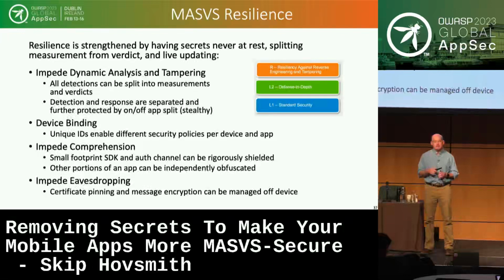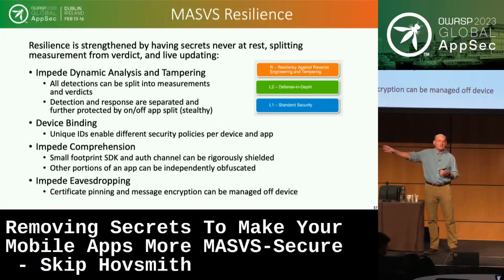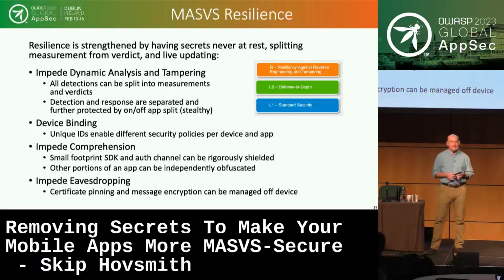And there's an interesting one right at the end of this section: can you split the detection and the response, or can you be kind of stealthy with what you do? It's interesting because we've split the measurement from the decision, and the decision is actually made not even on the device. So that's a very strong separation that you wouldn't typically see in a traditional defense.